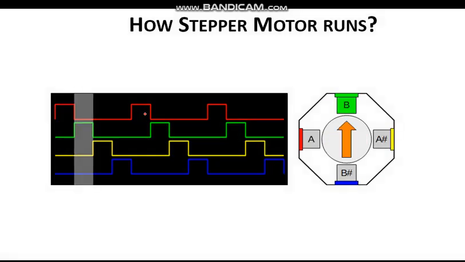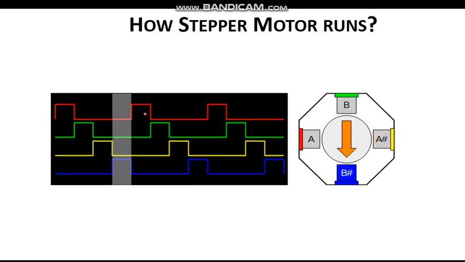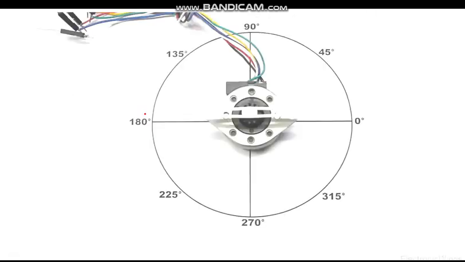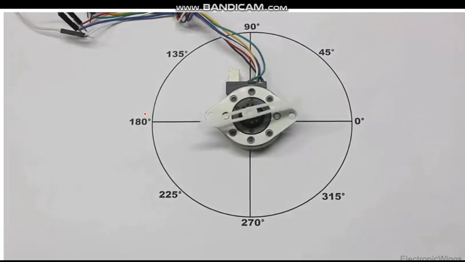So when we give a sequence, the shaft rotates with angle 1.8 degree. So it will rotate for each step 1.8 degree. So it will complete the rotation after applying total 200 steps.